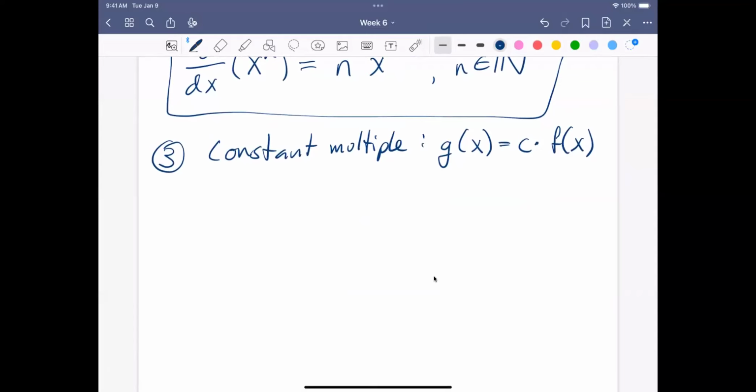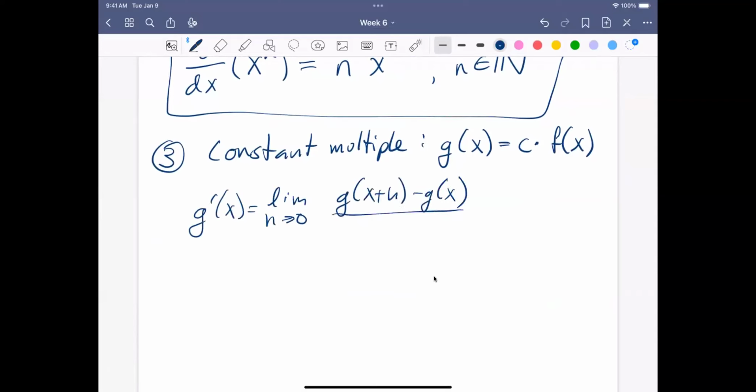We're going to go back to the definition, of course. Let's see what happens. So g prime of x equals the limit as h approaches 0 of g of x plus h minus g of x all over h.